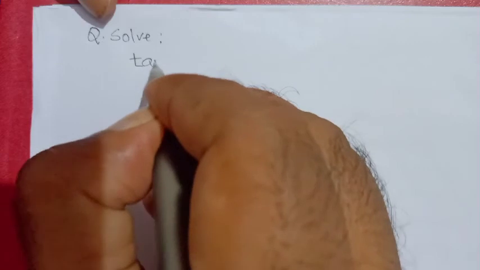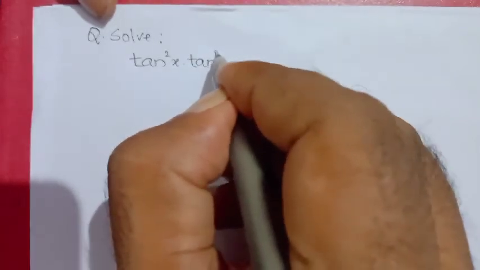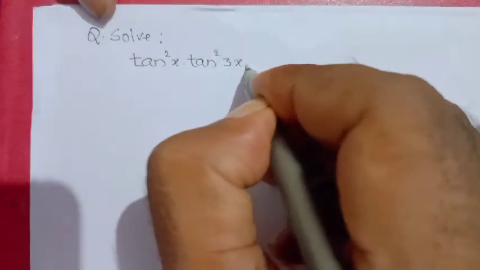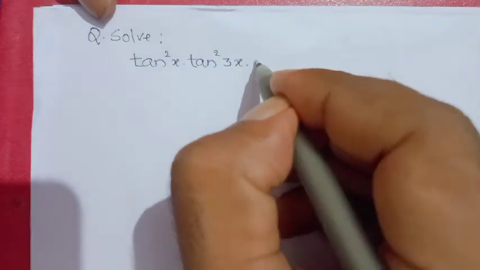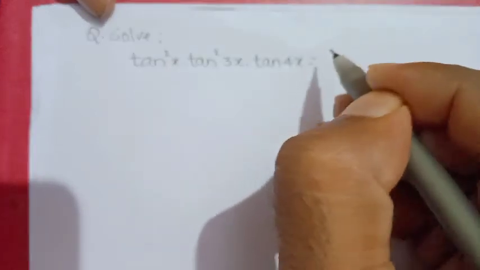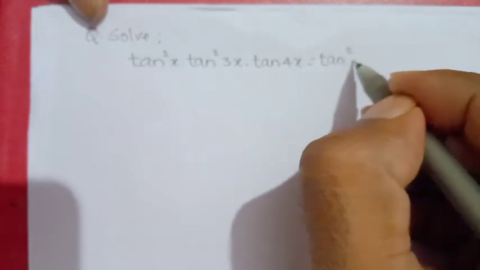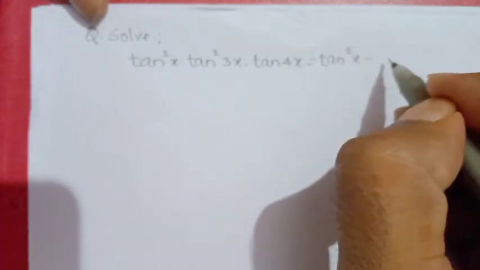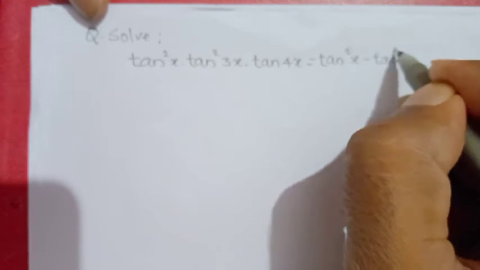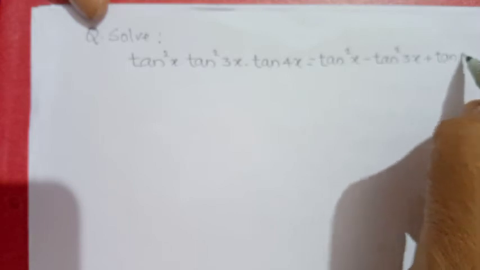tan square x into tan square 3x into tan 4x is equal to tan square x minus tan square 3x plus tan 4x.